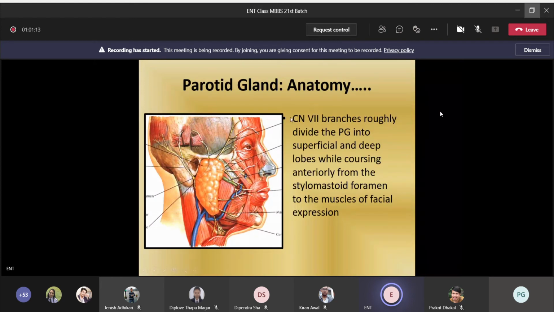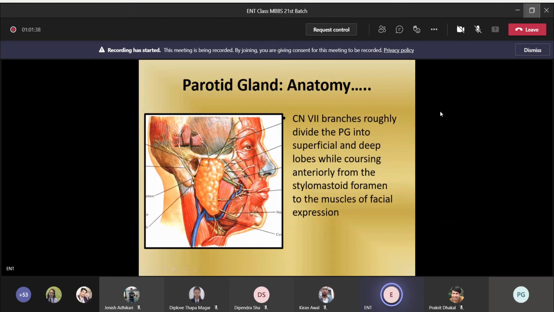Cranial nerve 7, that is the facial nerve, and its branches roughly divide the parotid gland into a superficial lobe and a deep lobe, while coursing anteriorly from the stylomastoid foramen to the muscles of facial expression.